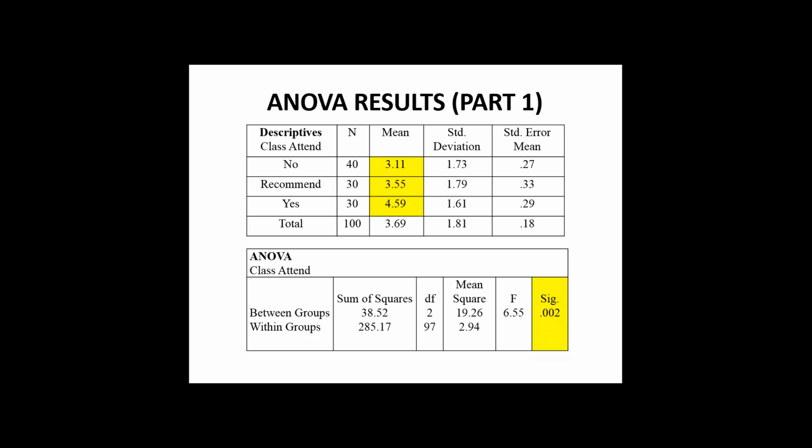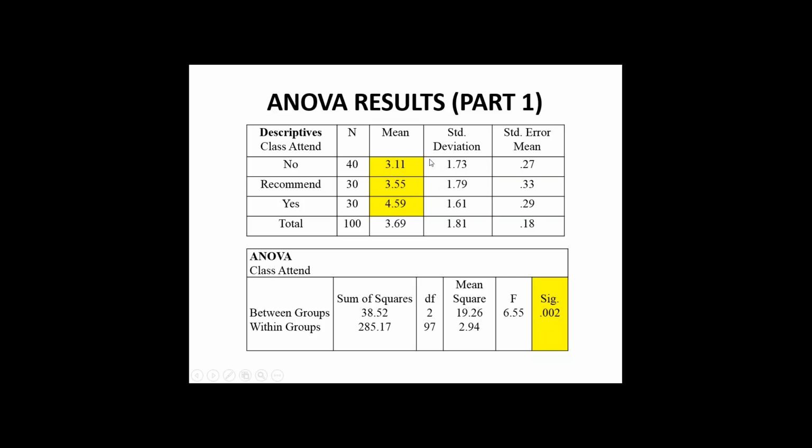Then we go up to the first box and look at the mean. We see it's 0.002, so that tells us there's a statistically significant difference between these mean scores. So something's going on. Then we go up here and look at class attendance, and we see from no, to recommend, to yes, the mean goes higher: 3.11, 3.55, 4.59.